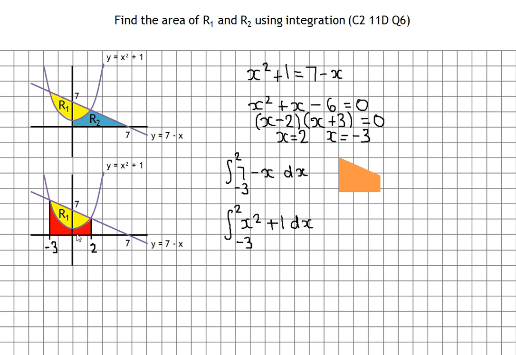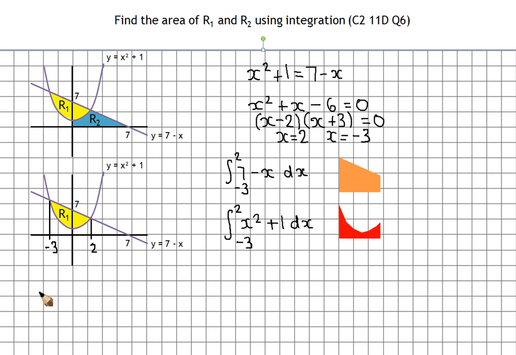That will give us the red area here. So it becomes clear that if we want to find this yellow area, that's this orange area, take away that chunk of the red area. So to complete the integration, what we need to do is work out the integral of this take away this.